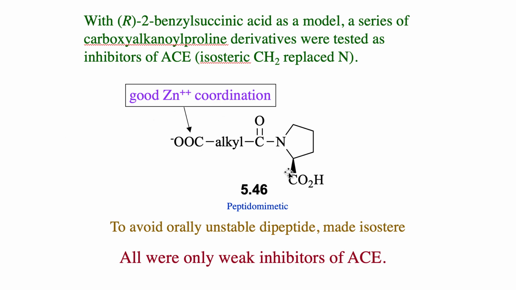So with this, they used a peptidomimetic, like we talked about before, with the inhibitor structure they had before. They used that peptidomimetic because the peptide was orally unstable. Otherwise, it's a dipeptide. But there were only weak inhibitors when they tried that trick.